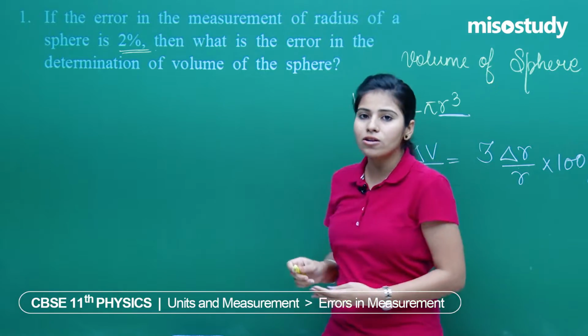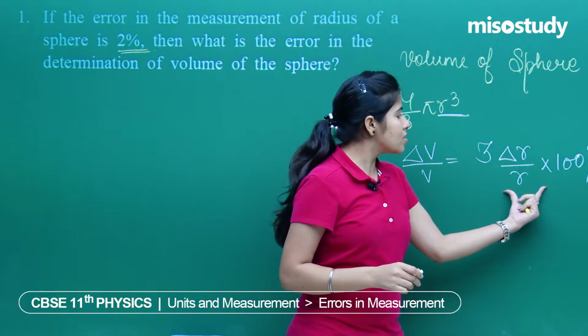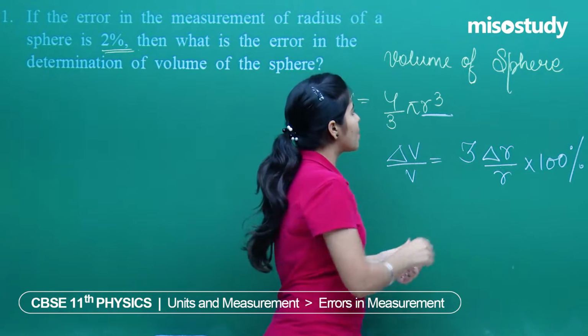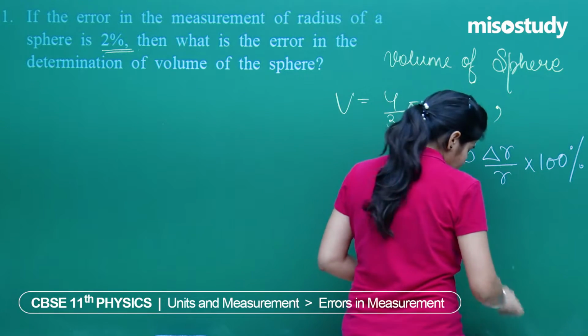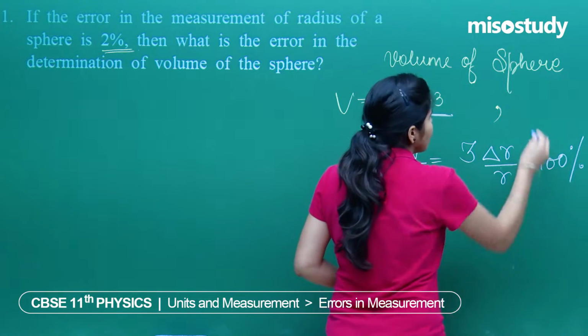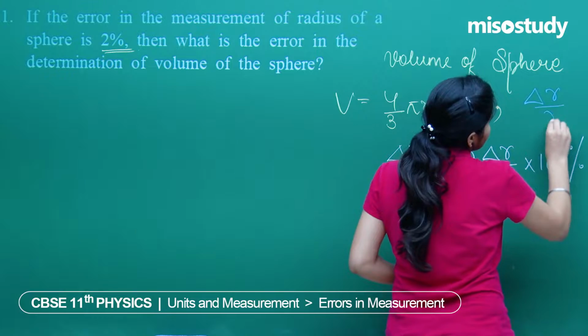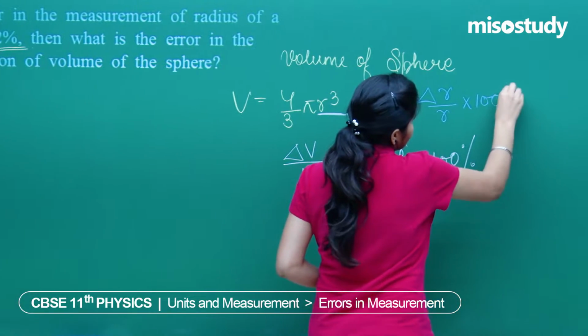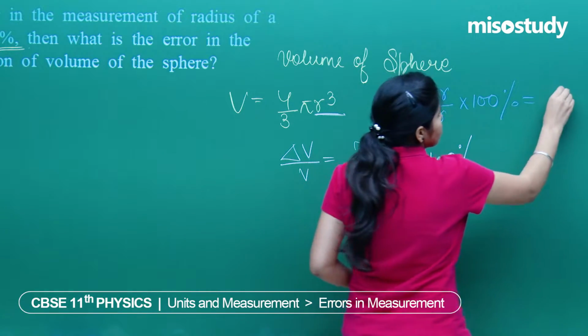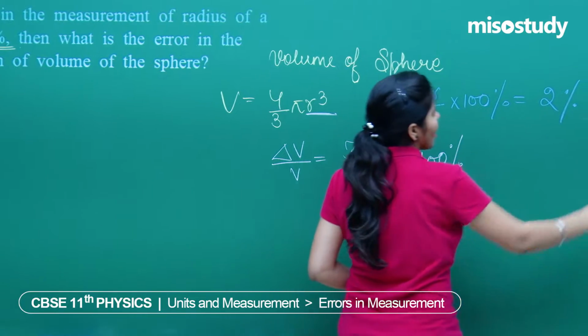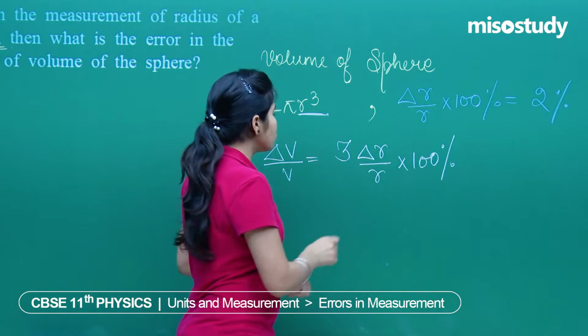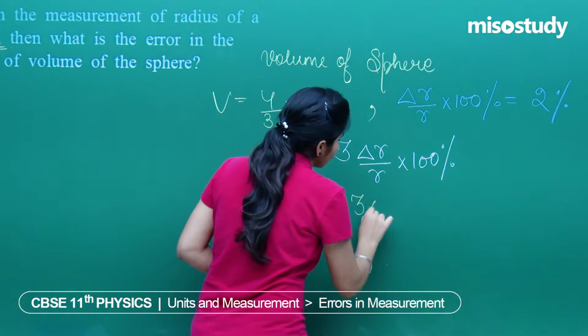So now what we are going to do, we have been given this value of delta r by r into 100% equals 2% in the question. So we are going to put the value over here.